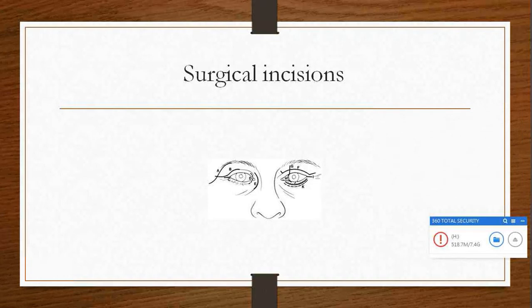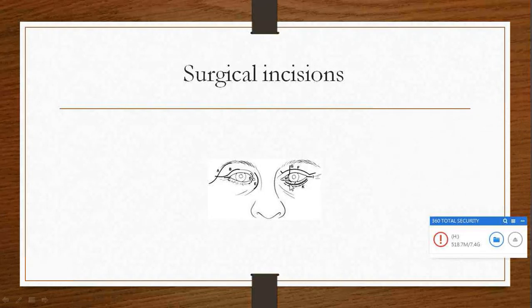Again, this F incision is only a lid crease incision. J is the transconjunctival incision.